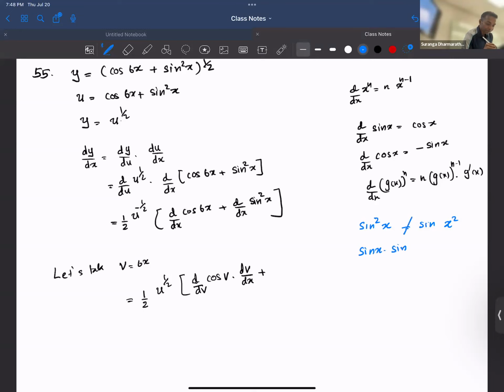This is not equal, okay? Sine x, big no. Sine x times sine x is what? Sine x squared. Sometimes we write it as, most of the time, sine squared x. So what is this? This is g of x times n.